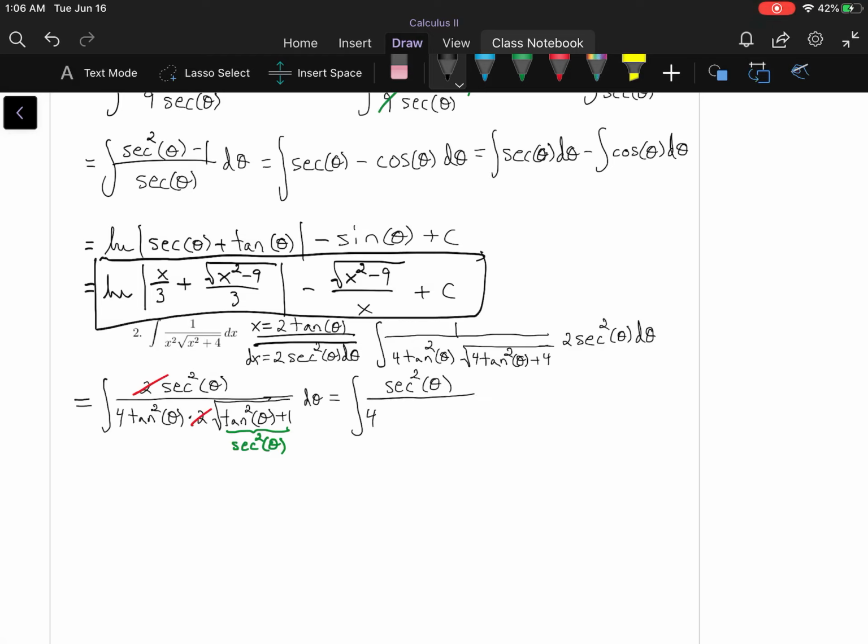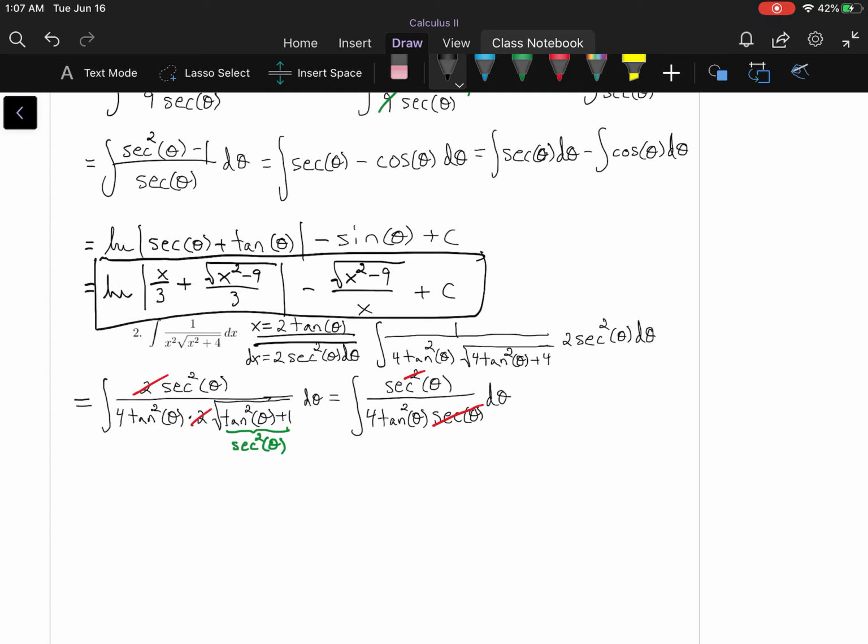We have 4 tan squared theta, and we're going to have the square root of secant squared, which gives us secant of theta. And so one of our secants cancel out. And so now we need to figure out how to manipulate this integral here. The 1/4 can come out, and then you have a secant.